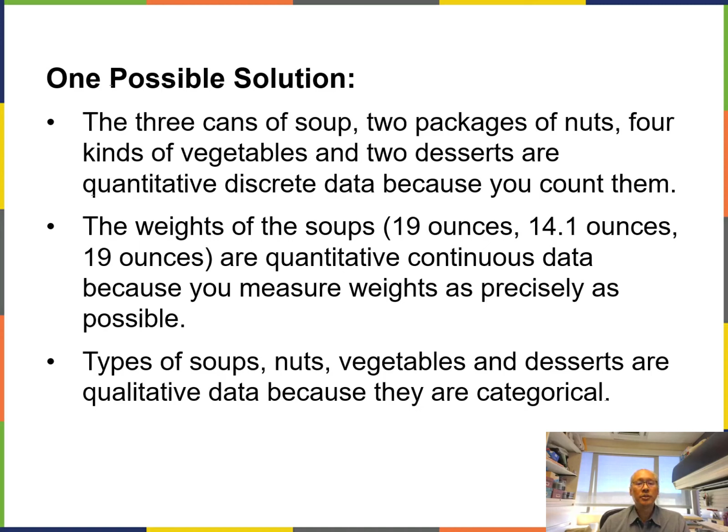Now the weights of each of those are 19 ounces or 14.1. Now 19 ounces is a whole number, but if we're looking at things that we're measuring with weight or height or volume or things like that, we want to acknowledge that it's labeled as 19 ounces, but when you actually pour the contents out and weigh it, it may weigh 18.8 or 19.2 ounces or something that might be on a continuous scale and not necessarily a whole number.